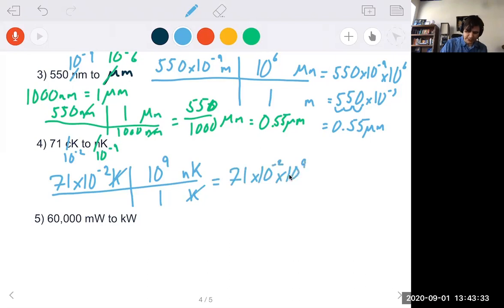Minus 2 plus 9 is plus 7. Equals 71 times 10 to the 7th nanokelvin. And with this one, you could leave it like this, but let's put it in proper scientific notation. 7.1. Move this over 1, so it would not be 10 to the 7, it would be 10 to the 8th nanokelvin.